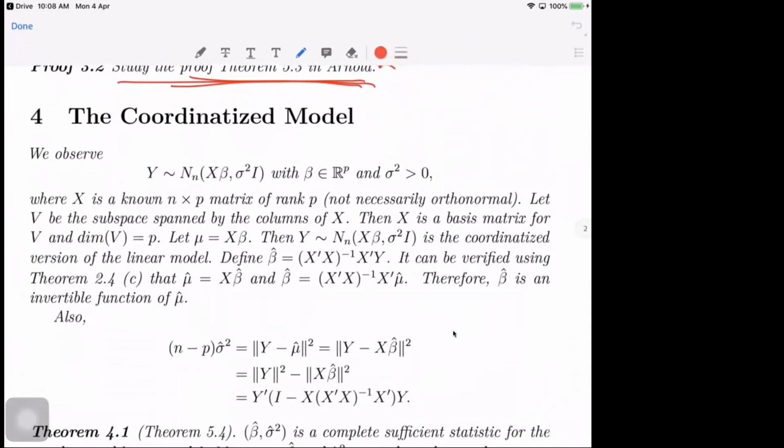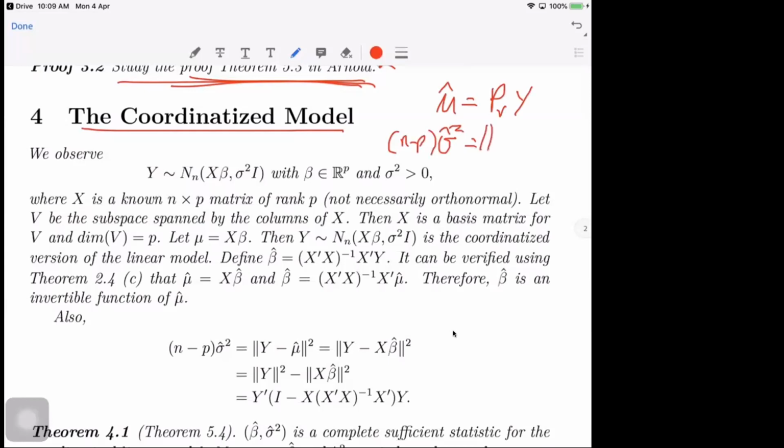Next, we emphasize now our study of the coordinatized version of the linear model. So, aside from mu hat and sigma hat being complete sufficient statistics, our mu hat in the coordinate-free version is just the projection of y onto V. And our sigma hat times n minus p is actually the square norm of the projection of y onto V perp.